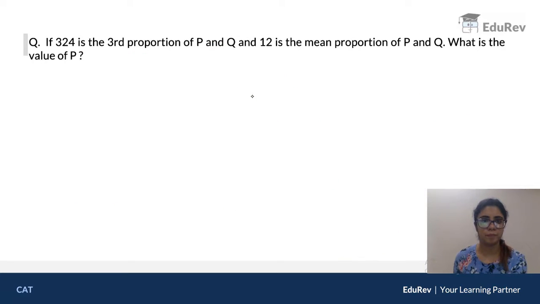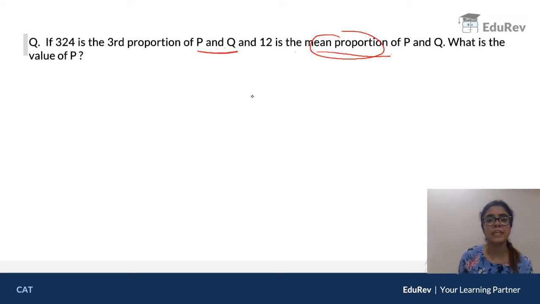What does it say? It says if 324 is the third proportion of p and q, and 12 is the mean proportion of p and q, what is the value of p? See, first of all, we know 12 is the mean proportion.